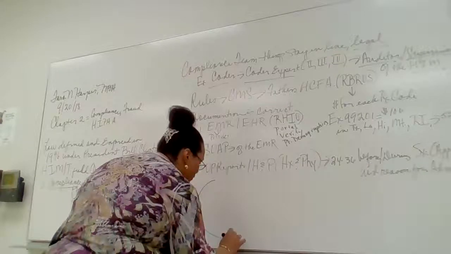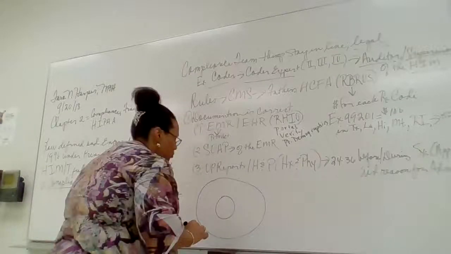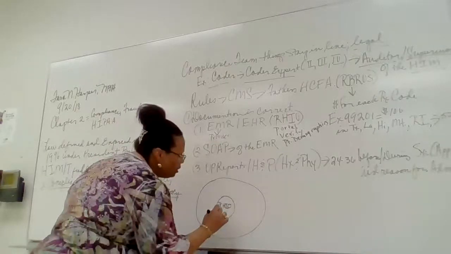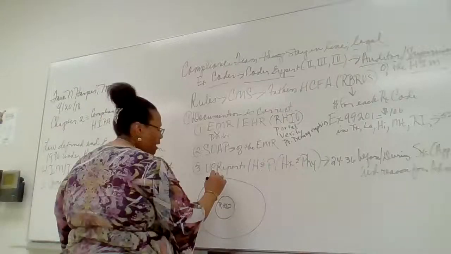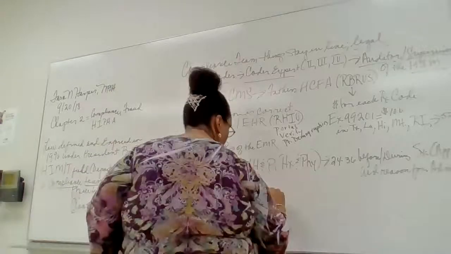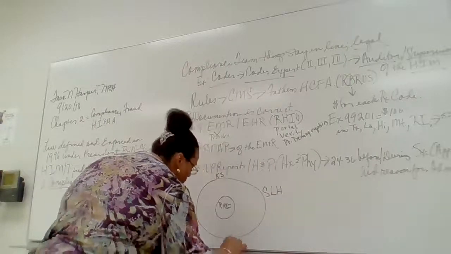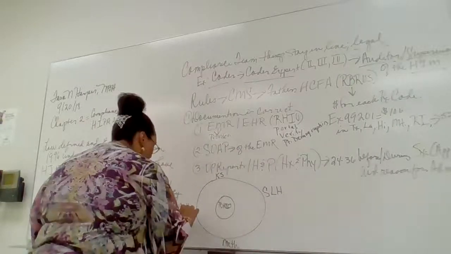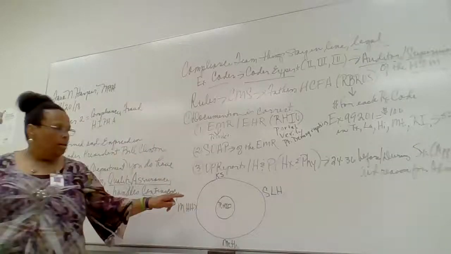And here's the portal. This is the RHIO, Regional Health Information Organization, which is the portal. Now let's suppose we have St. Luke's Hospital, we have Methodist, we have Memorial Hermann Hospital System. We have all those wonderful places here, right?